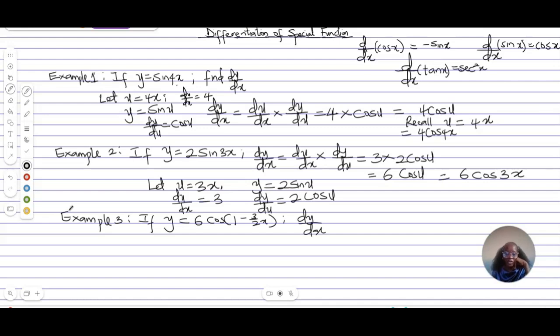Remember the way we have been doing it: let u be equal to 1 minus 3 over 2x. So y becomes 6 cos u, because u is already 1 minus 3 over 2x.